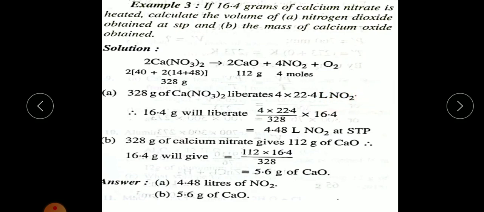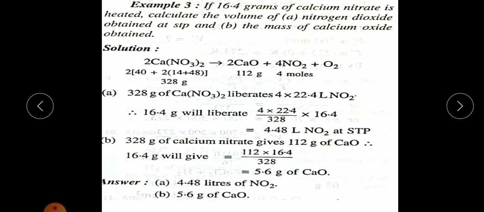But in the question, what is the weight of calcium nitrate given? 16.4. So 16.4 gram will liberate 4 into 22.4 liters divided by 328 into 16.4, which will come as 4.48 liters of nitrogen dioxide at STP. So the volume of nitrogen dioxide formed at STP is 4.48 liters.